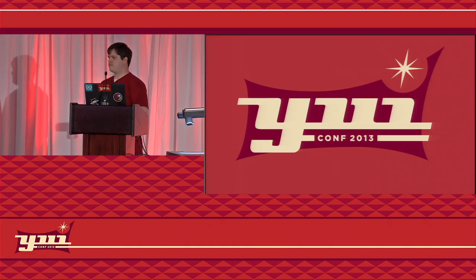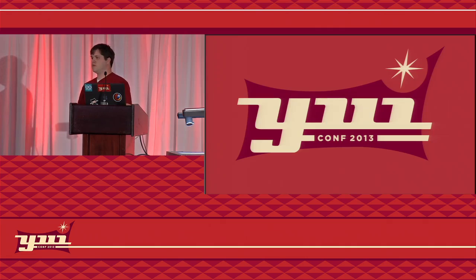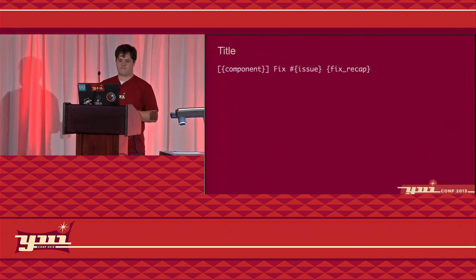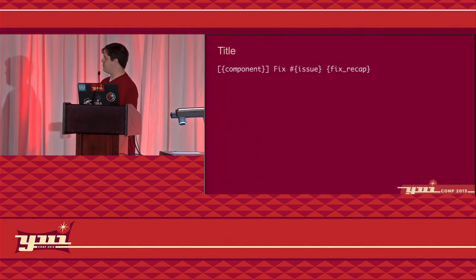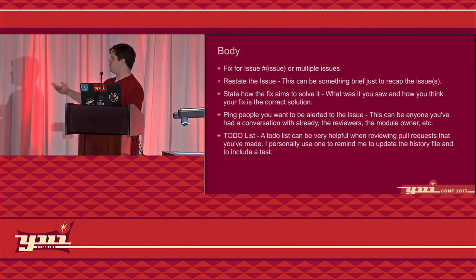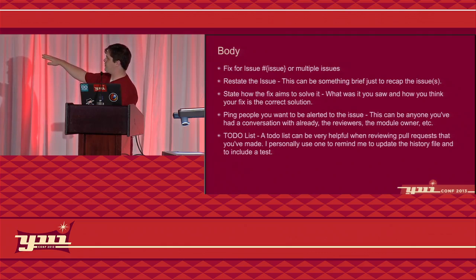Yeah. I have a question for you. Do you have any tips on people filing bugs? I would say follow the same principles. With the title, with filing the bug, the component, you don't have an issue that you're fixing because you're creating the issue. And then a small recap. And for the body, the same way, you don't have the first line because you're creating the issue.